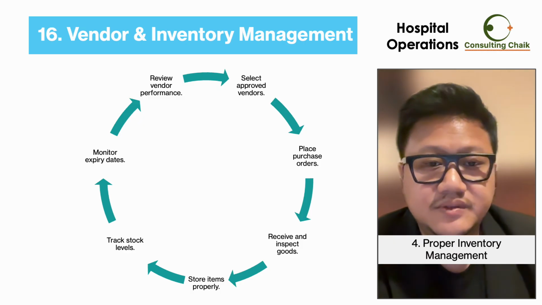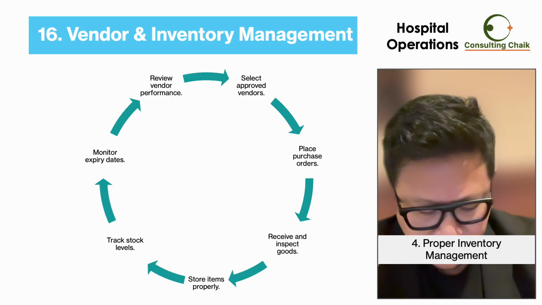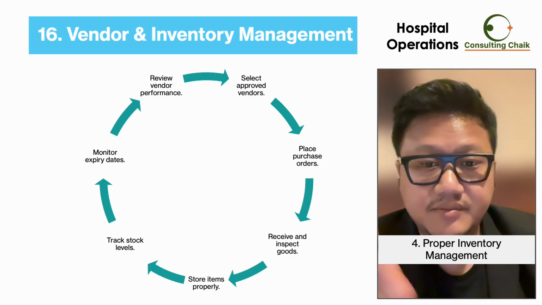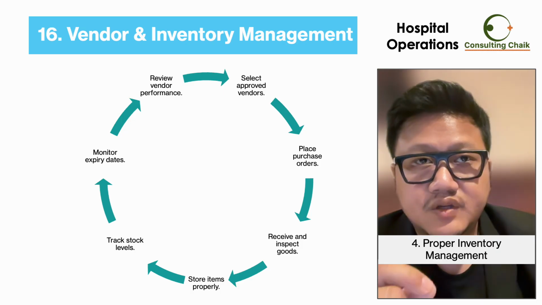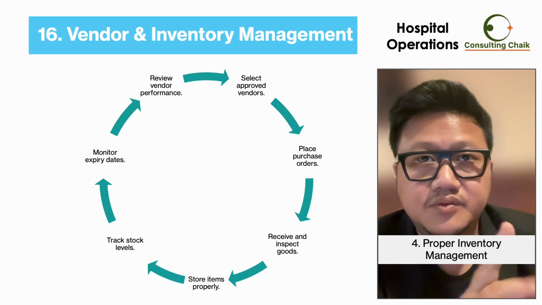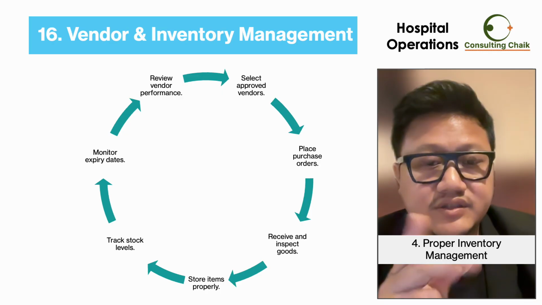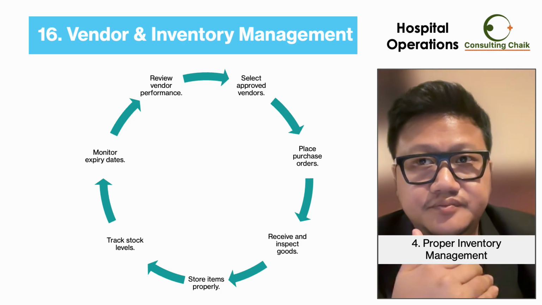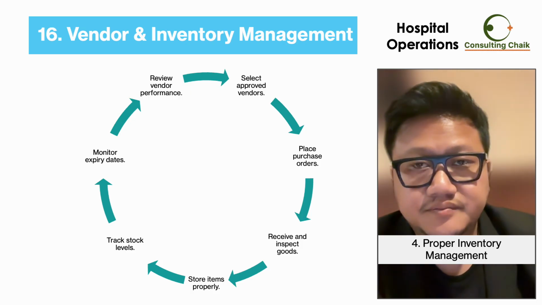Then proper inventory management. One simple inventory management system is ABC analysis, where you categorize your items as A, B and C. I have covered that; you can see it in another video. In ABC analysis, you are categorizing all items in two dimensions: one is the price per unit, the second is the issue quantity in stores and selling quantity in pharmacy.